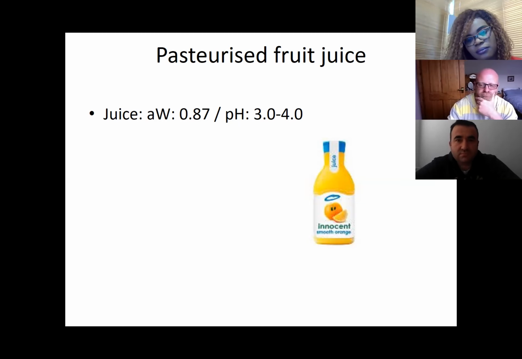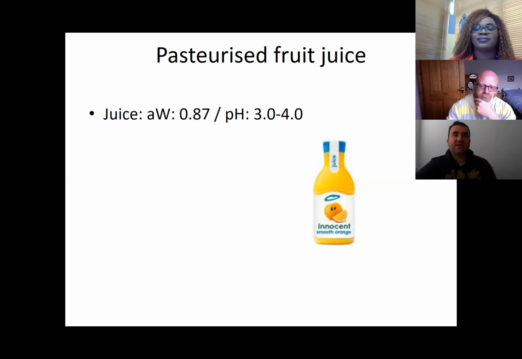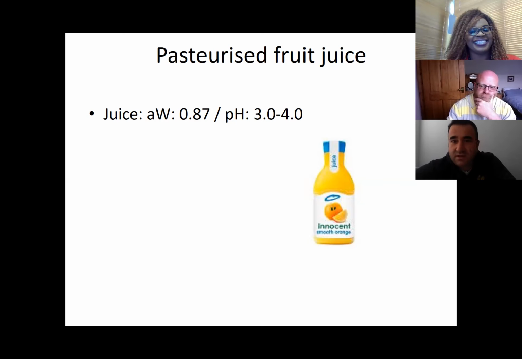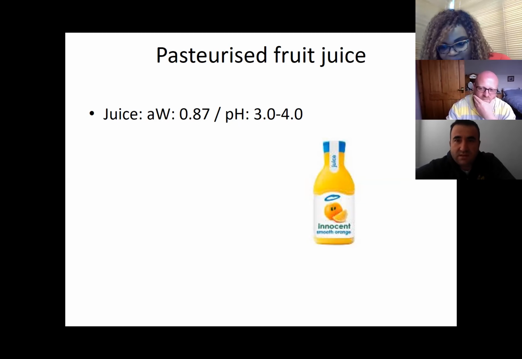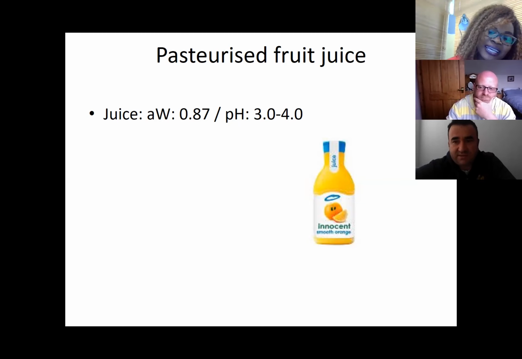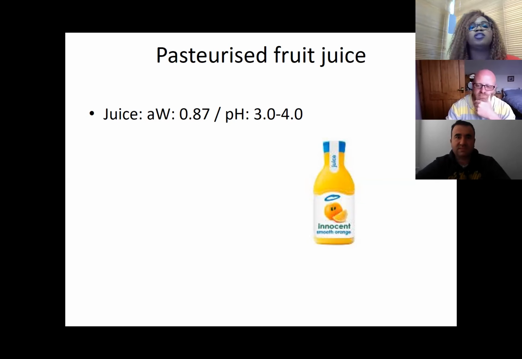Should be nothing, shouldn't it? Exactly. So you see the trick in these questions? The water activity is under 0.94, and the pH is very low, so it's acidic. If it was unpasteurized, then you can say E. coli. But because it's pasteurized, it's treated. Does that make sense? So you have to be careful and check the words.